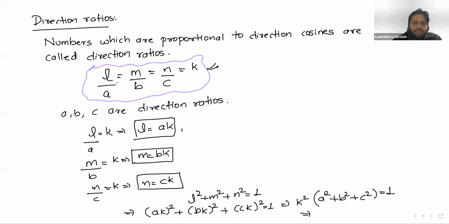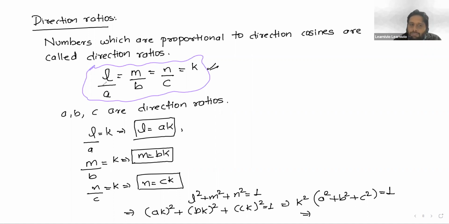Please check it. L, M, and N are the direction cosines. Okay, what are A, B, and C? These are called the direction ratios. What are direction ratios? The numbers which are proportional to the direction cosines.